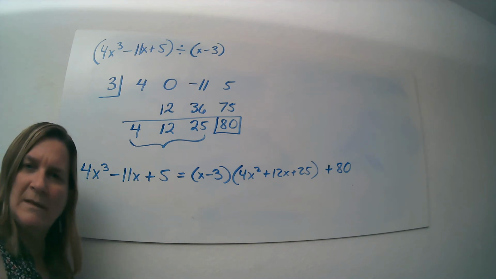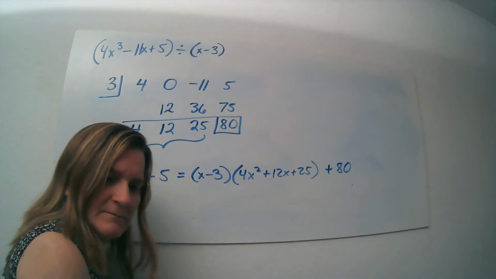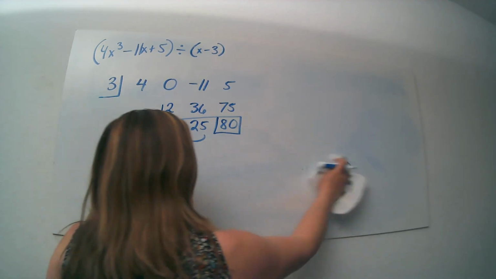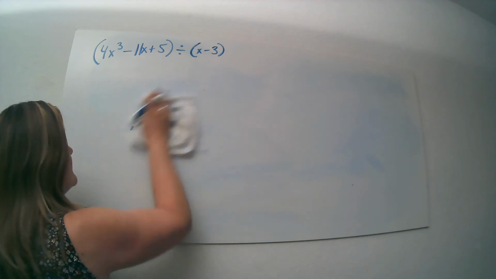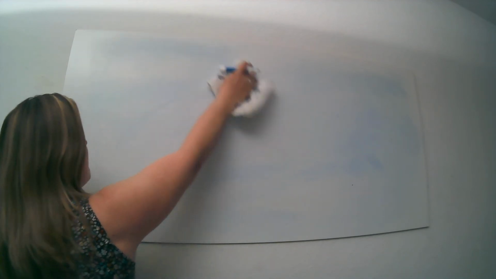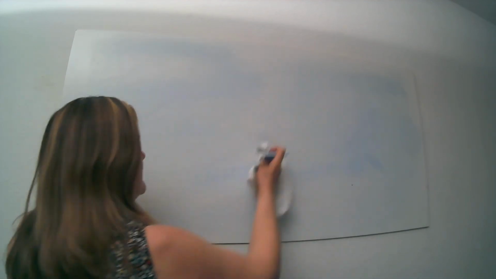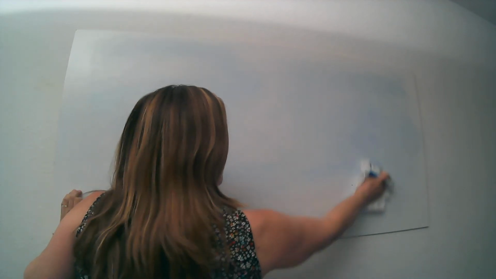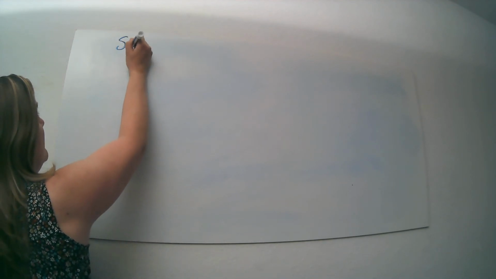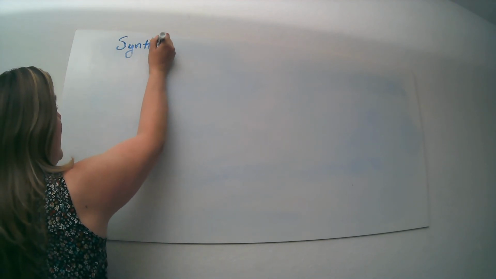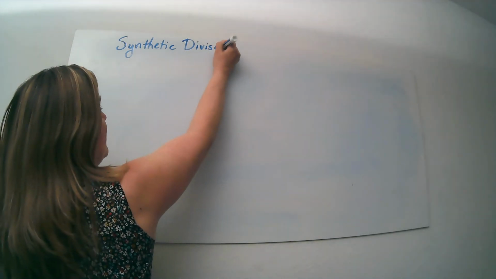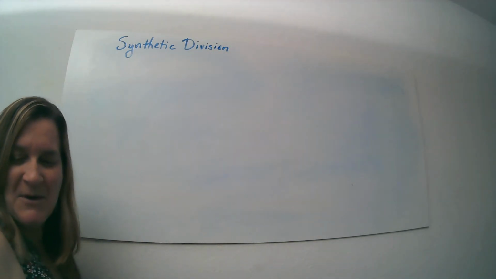We're going to do one last problem. I should have written this on the board earlier. Synthetic division. I'll get it up here for the last example. So here's the problem.